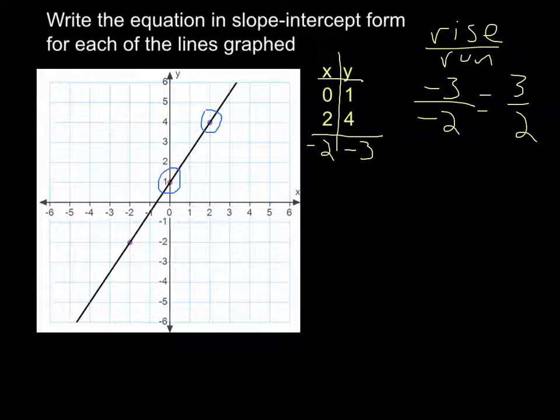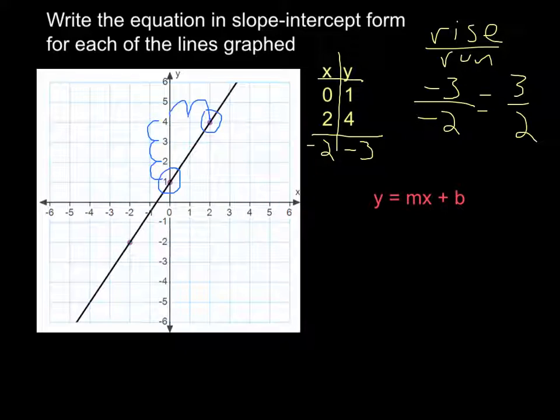The other way we did it was we took our first point and we counted up the steps going up. 1, 2, 3. That's our rise, and our run is how many steps we have to go over. 1, 2. So we have 3 over 2. And we know it's uphill means it's positive. So the slope-intercept form looks like y equals mx plus b.